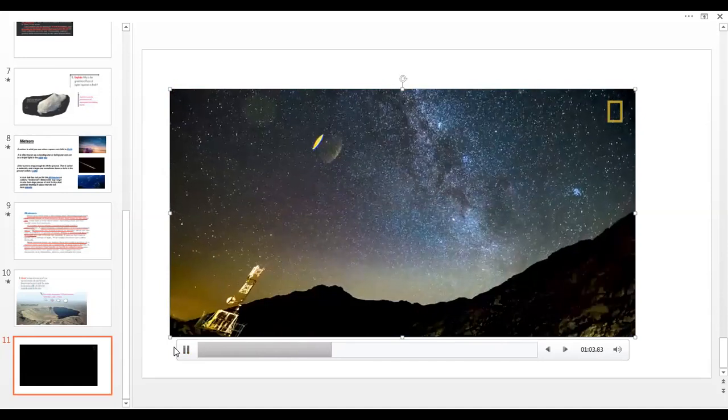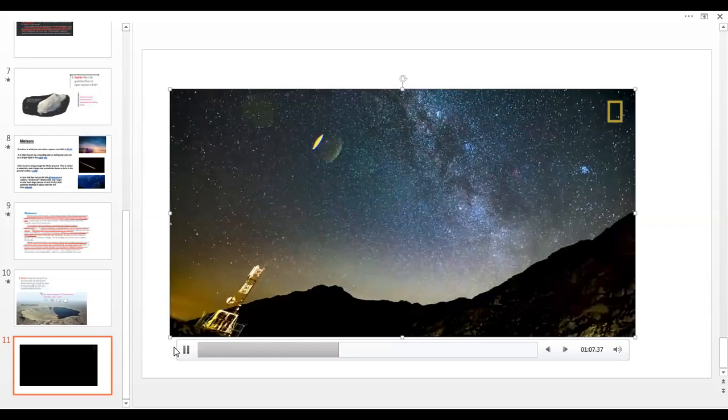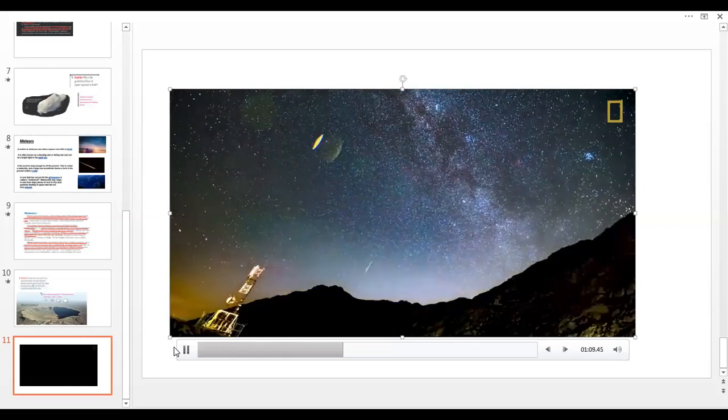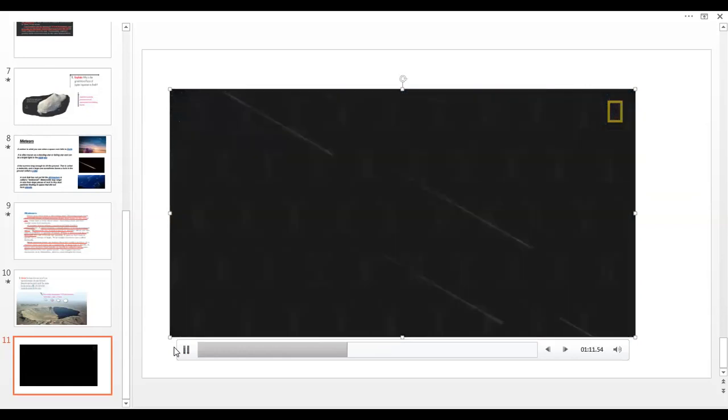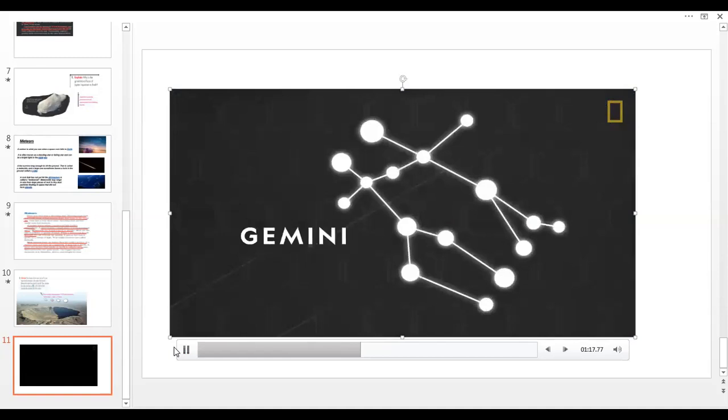These celestial light shows are often named after the constellation where they appear to originate as seen from Earth's surface. Meteor showers that seem to fall from the constellation Perseus are called the Perseids, and those appearing from the constellation Gemini are called the Geminids.